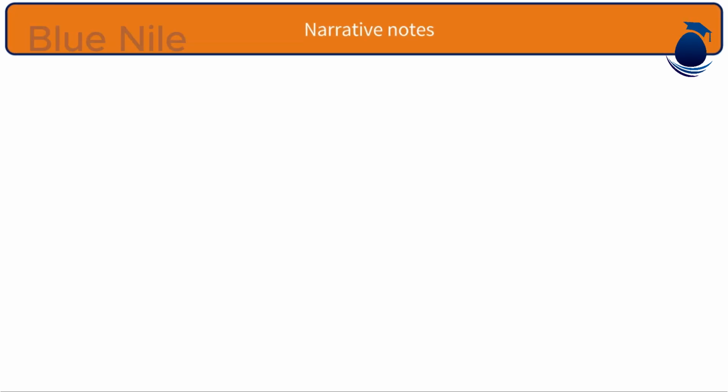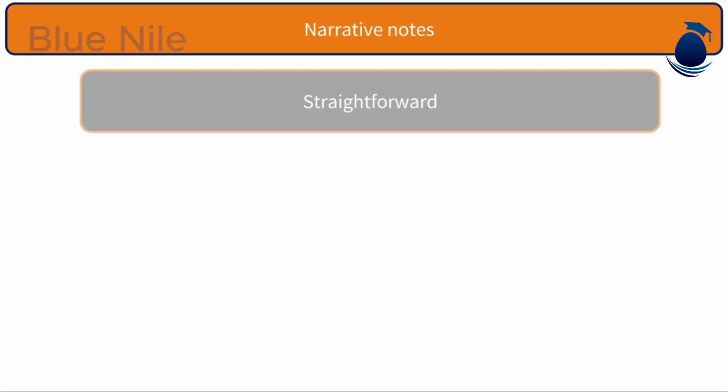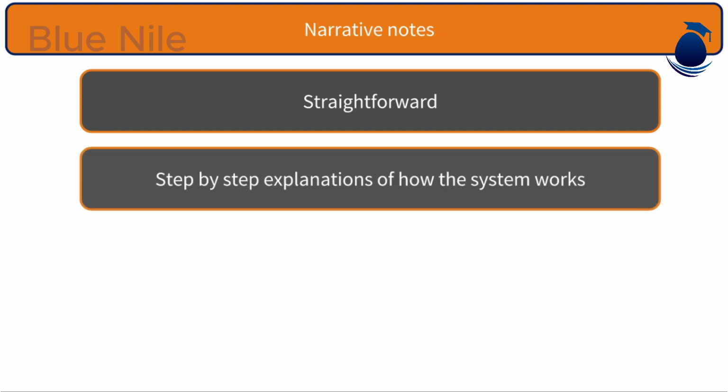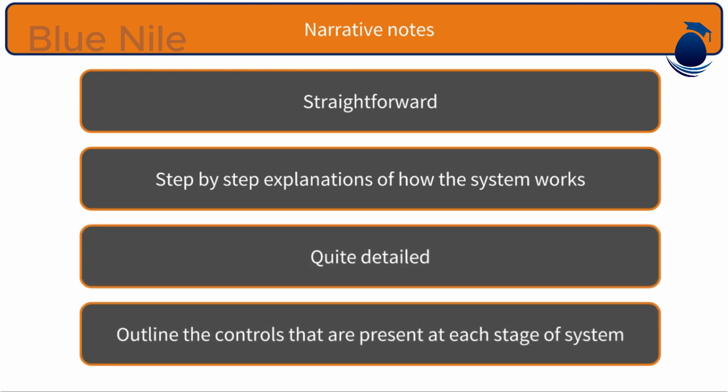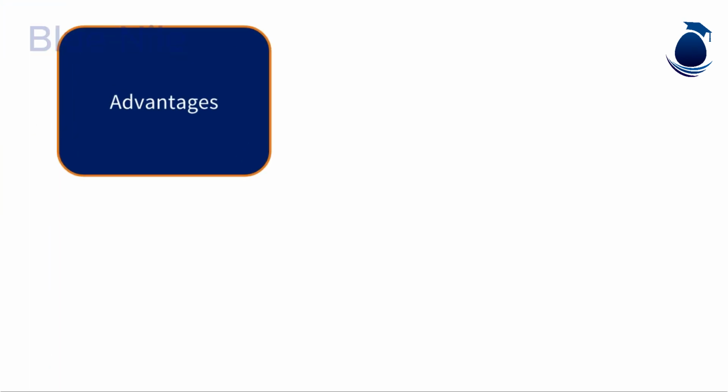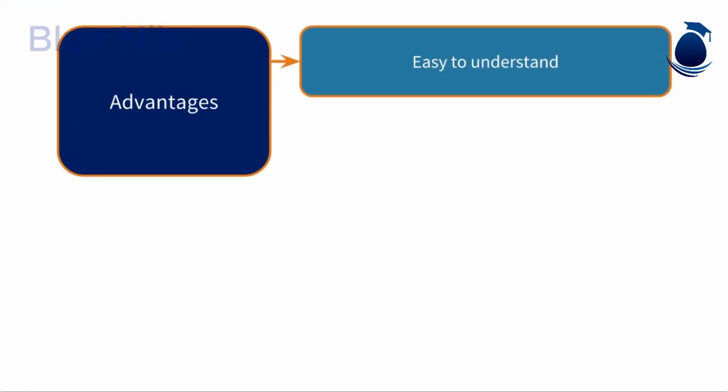Narrative notes. The process of creating narrative notes is quite straightforward. They should be step-by-step explanations of how the system works from start to finish. They are usually quite detailed and outline the controls that are present at each stage of the system. An advantage to this would be that they are reasonably easy to understand once completed.